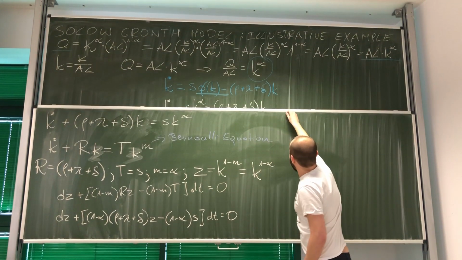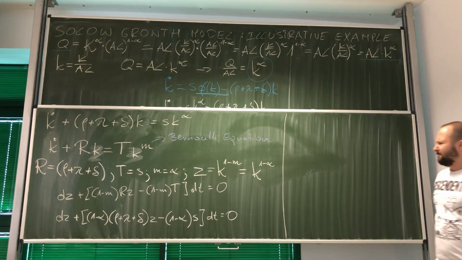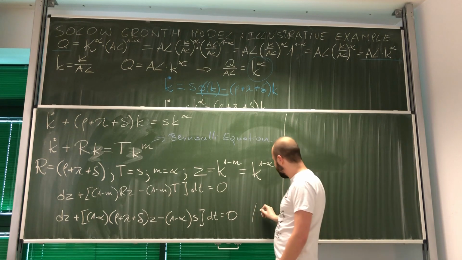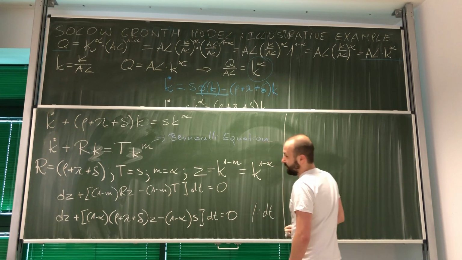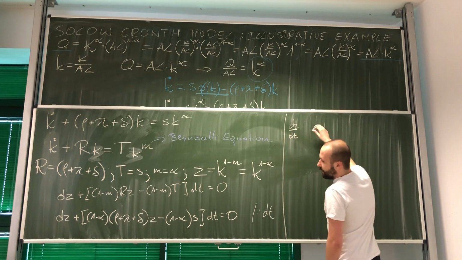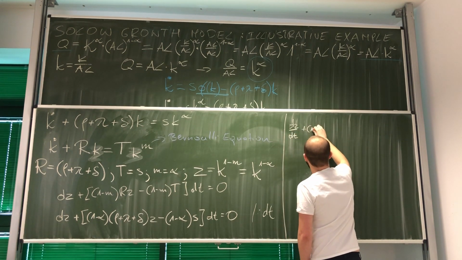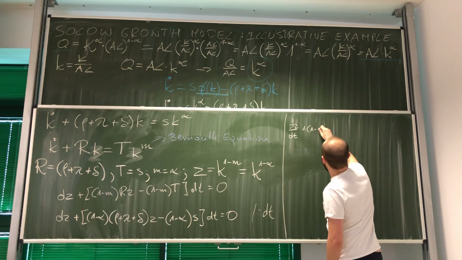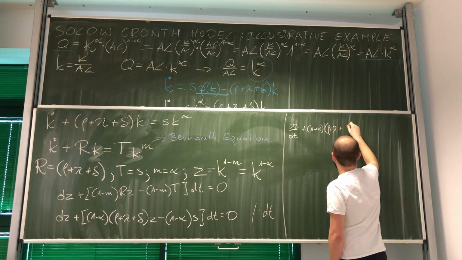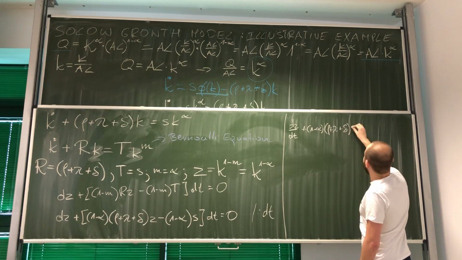Okay, so now the best way to proceed is to divide both sides by dt. So we've got dz/dt plus (1 minus alpha) times (rho plus lambda plus delta) z.